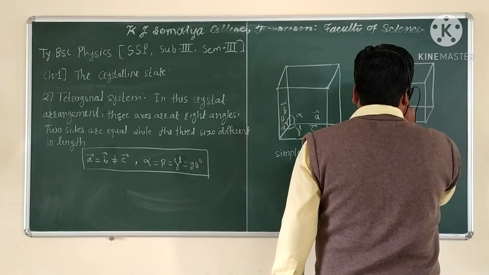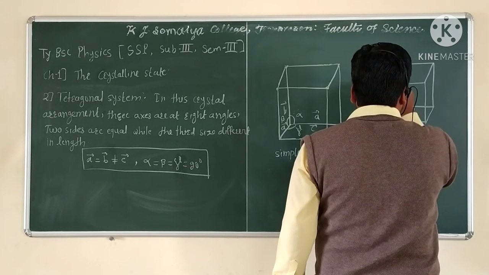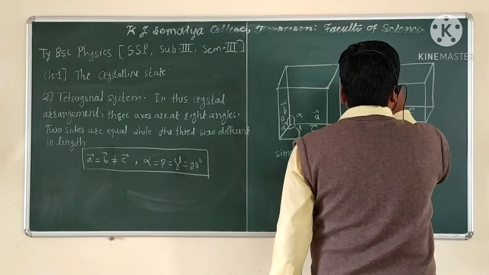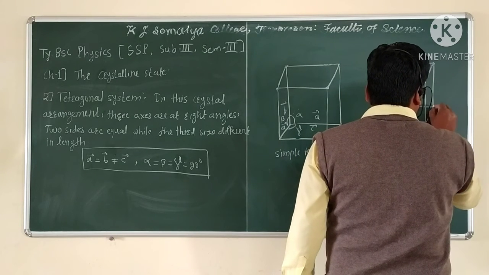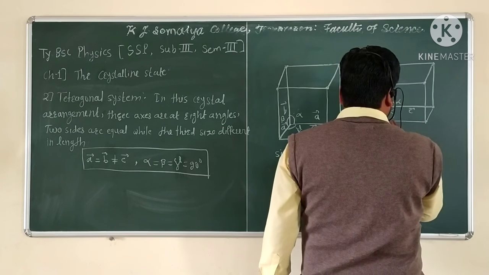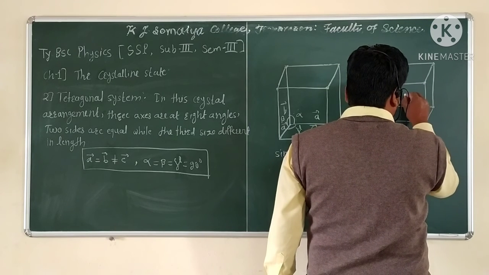So here alpha, beta, gamma are the same, the lattice points are at the eight corners, and one dot point is here.